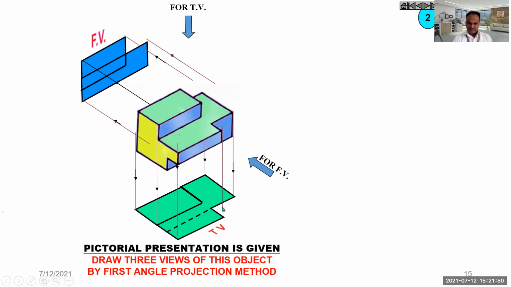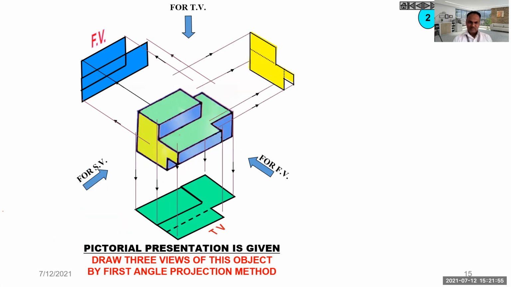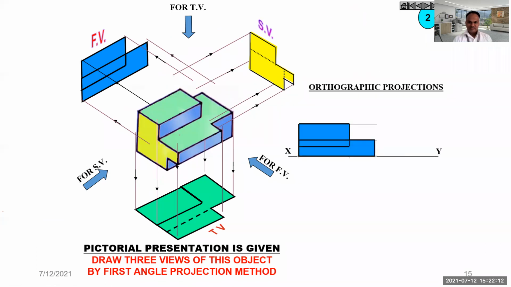And if we see the side view, again there will be two dotted lines, because this is a hidden part, this one is a hidden part, and this line will be a hidden part of that particular drawing. So your orthographic projections will be like this: front view, top view, and side view.